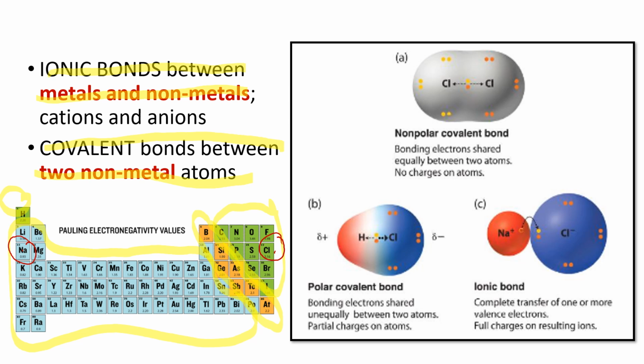So we have the example of hydrochloric acid. For your hydrochloric acid, you have your hydrogen here and your chlorine here. So this is between two non-metals. Another example is hydrogen fluoride. Is this ionic or covalent?